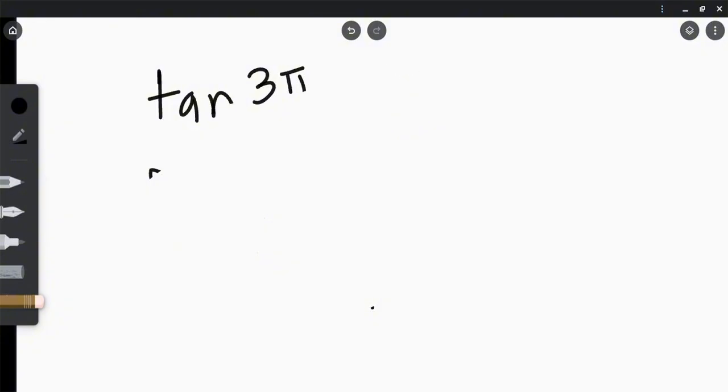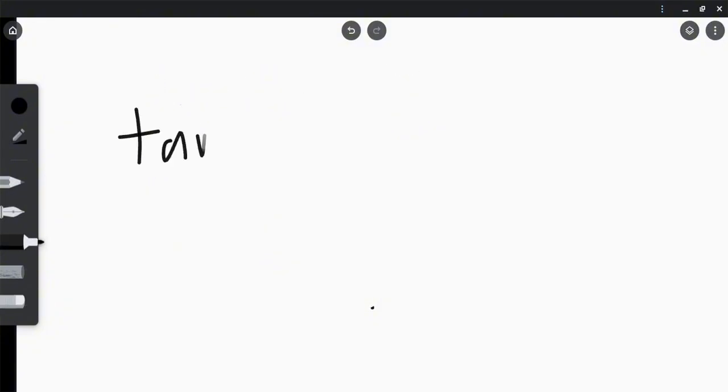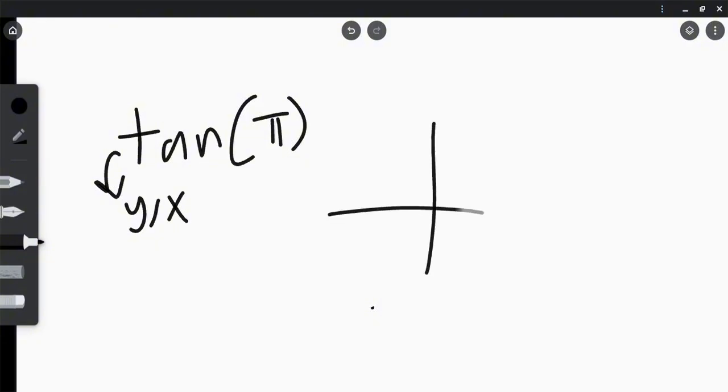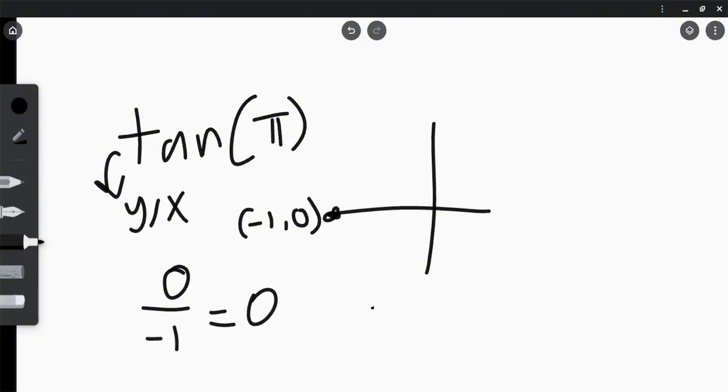And now, what if you do tangent of pi? So tangent is y over x. And here, x is negative 1 and 0 is y. So if you divide 0 by negative 1, what you get is a 0.